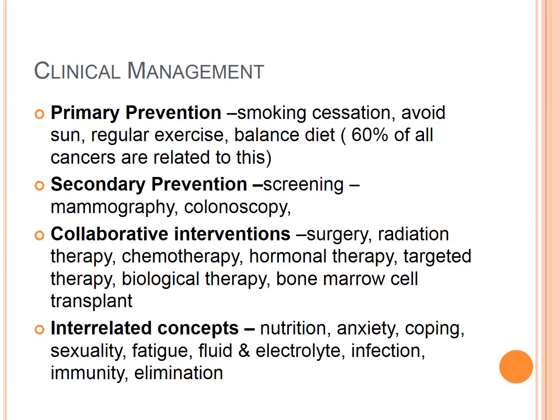Targeted therapy, so that's another therapy that's more specific to the area that is involved. Biological therapy, bone marrow cell transplant or stem cell transplant as well, which we're going to talk a little bit more about in a minute. Interrelated concepts you can see are listed here, and we'll get to see why all those concepts are interrelated in a few moments.